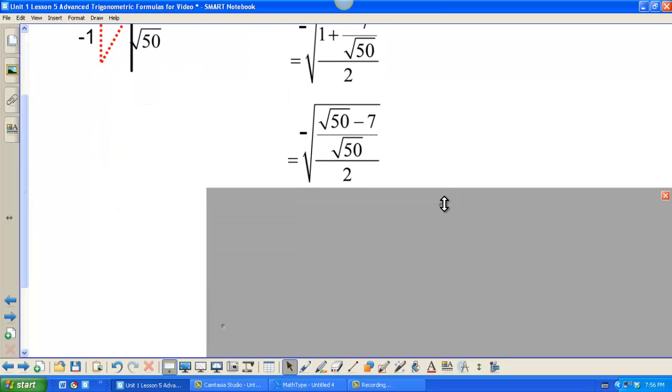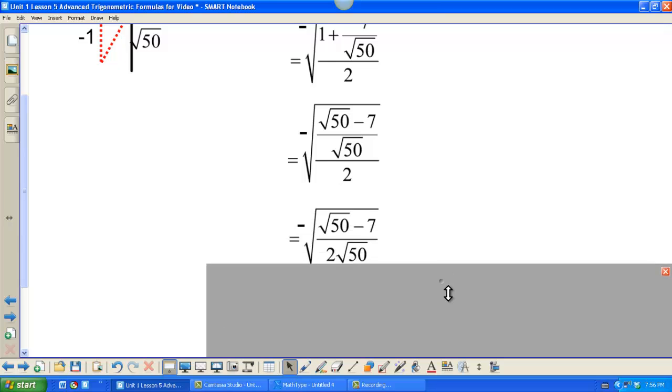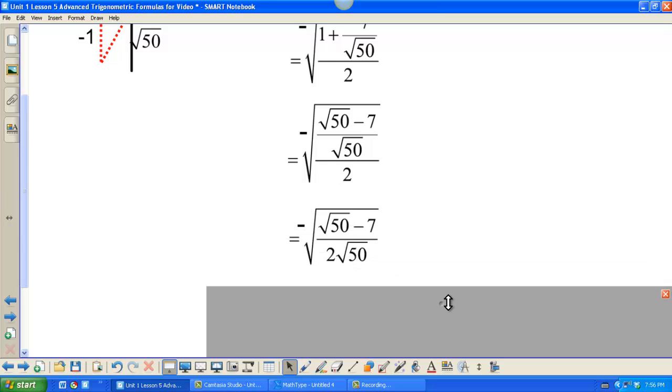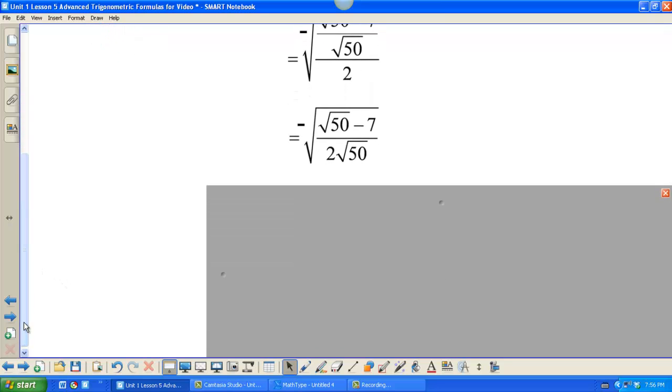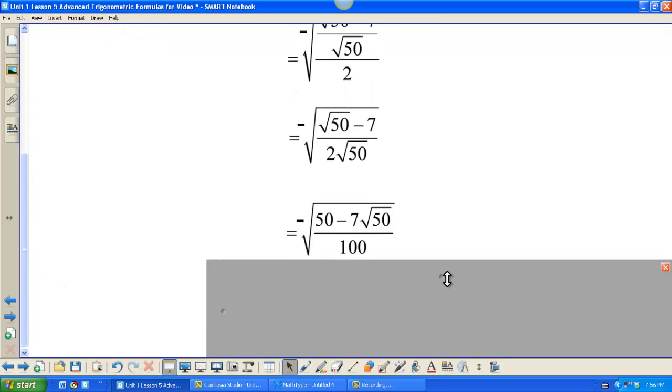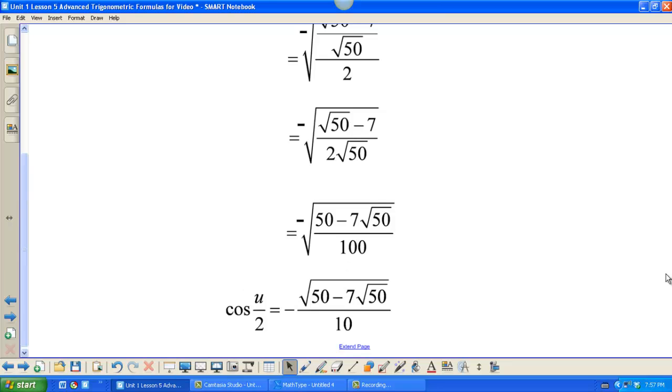Now I'm going to get rid of the complex fraction by multiplying by a half, so I get root 50 minus 7 over 2 root 50. Again, I'm going to rationalize the root 50 so that I get 50 minus 7 root 50 over 100, and the square root of 100 is 10. Therefore, the cosine of the half angle is negative the square root of 50 minus 7 root 50, over 10.